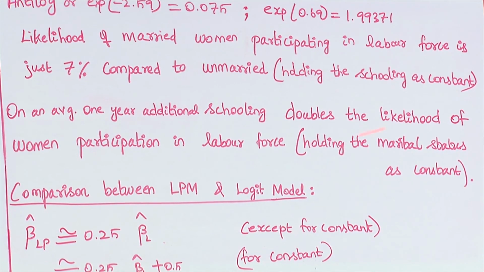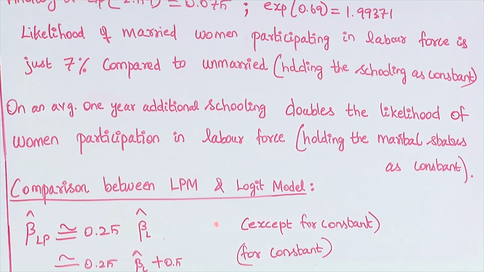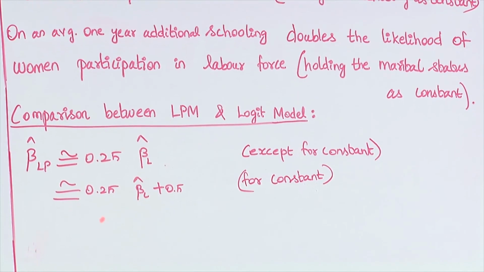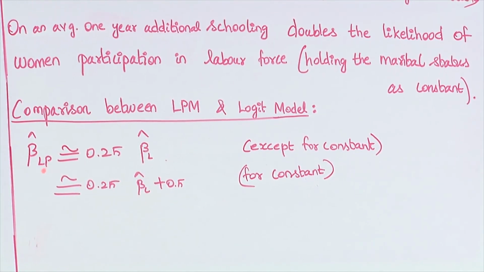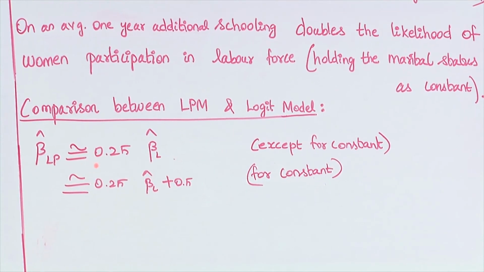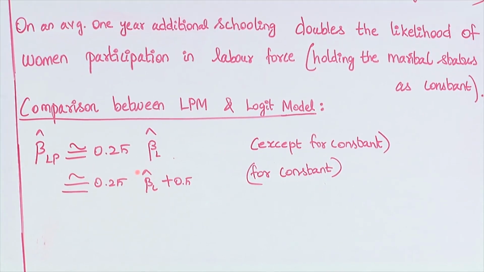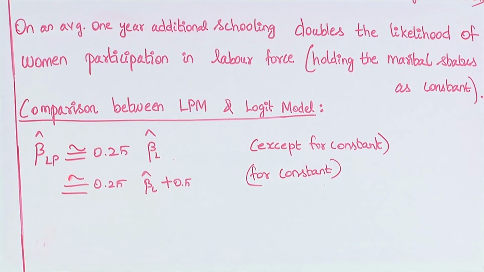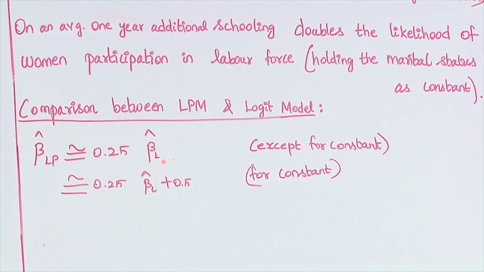We can compare the results of LPM and LOGIT for the same model. According to Amemiya, the linear probability model coefficient can be got by multiplying the LOGIT model coefficient by 0.25. So beta hat LP is approximately equal to 0.25 times the beta coefficient of the LOGIT model.